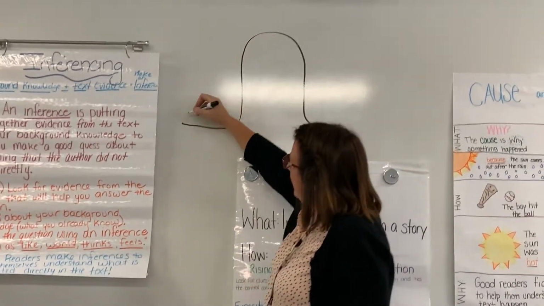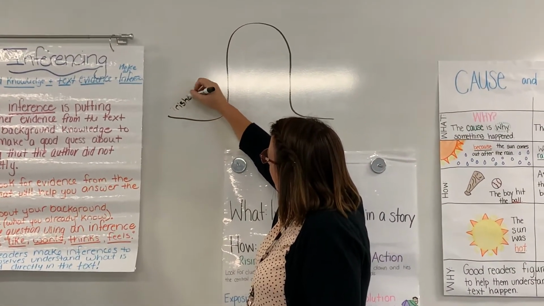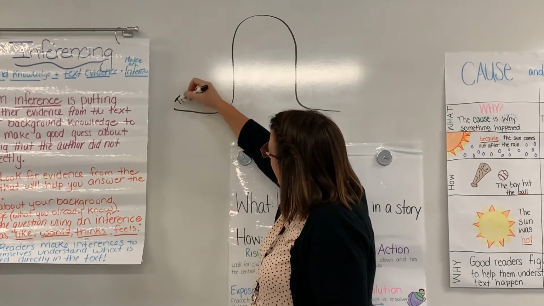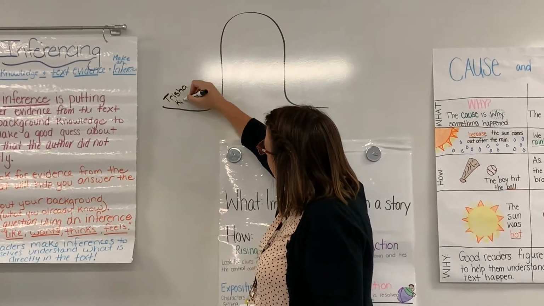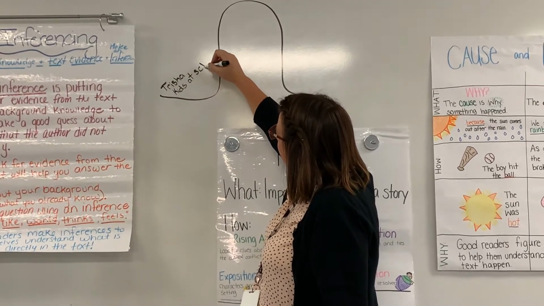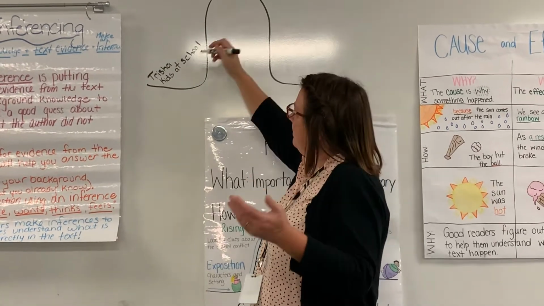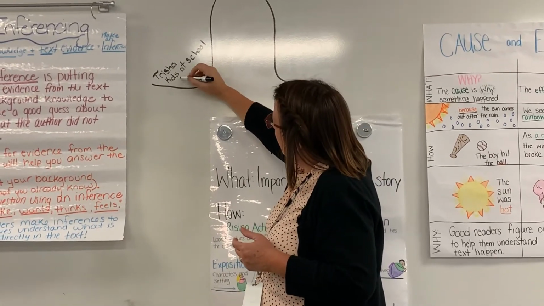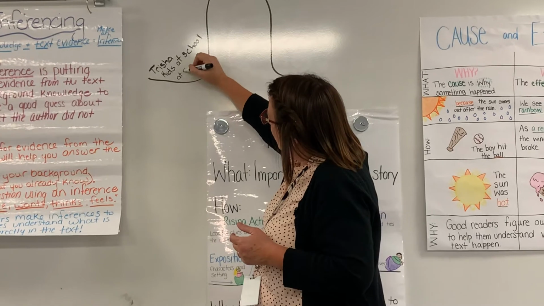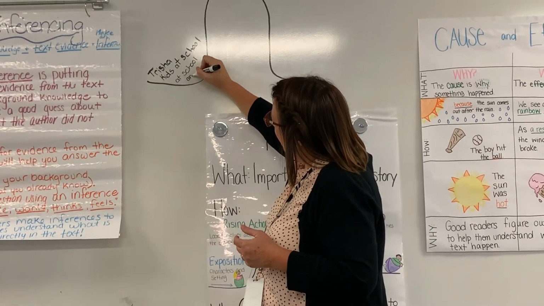And I'm going to say that the characters were Trisha and the kids at school. Those are the main characters. I mean, there were other characters too, but those are the main ones that the story started out with. And then the setting was at school and at her farm.